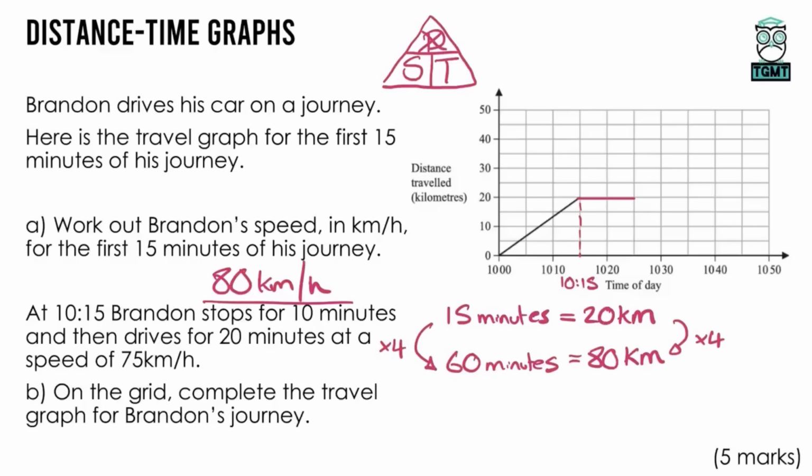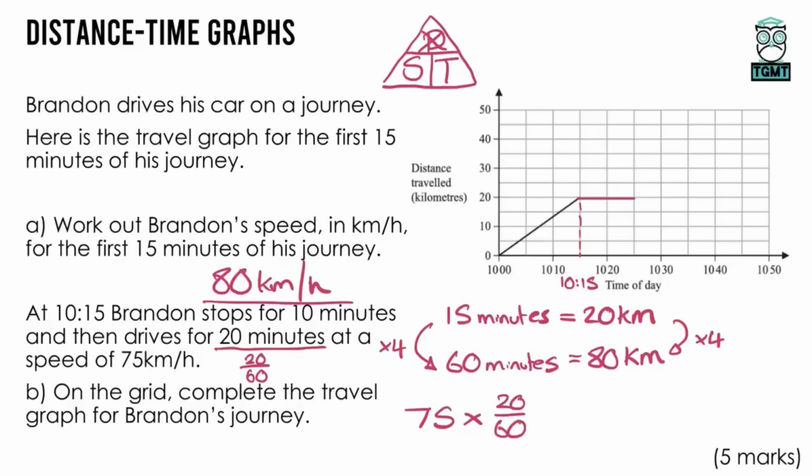Now the speed is 75, however, and this is why I prefer the method I used above, because now I need to multiply by 20 minutes, but it needs to be in hours. That's not difficult for us to do, it's just 20 out of 60. But in the moment of an exam, you've got to remember to do that. So it's 75 times 20 over 60. If we just times by 20, that's far too much, because 75 times 20 would give us a distance of 1,500 kilometres. And that obviously goes way off our graph.